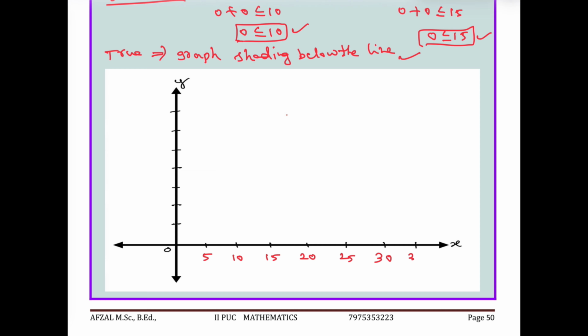Denominator part, take LCM 154. 14 goes 11 times, that is 3 into 11, plus 22 goes 7 times, that is 5 into 7.